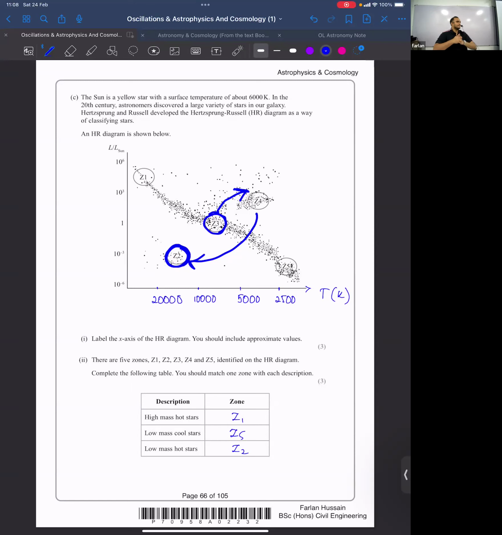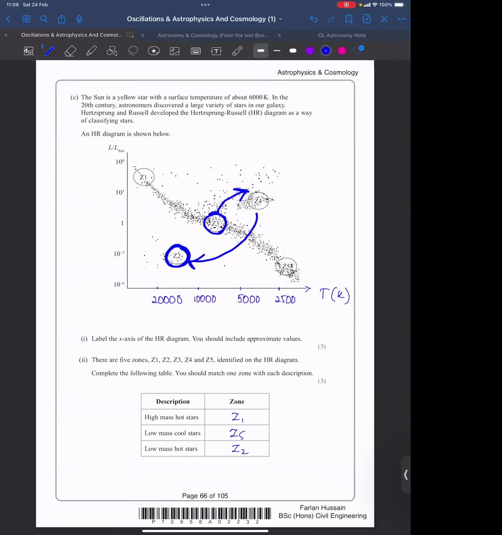So that means in Z2, the mass will be high. There won't be a big change in the mass. There can be slight changes due to nuclear reactions.